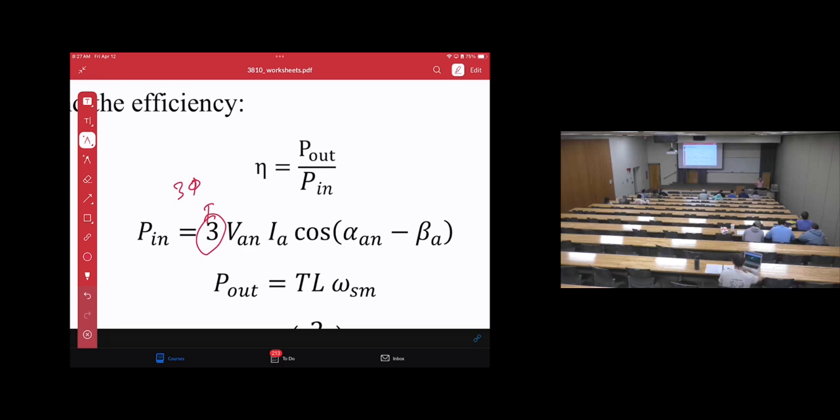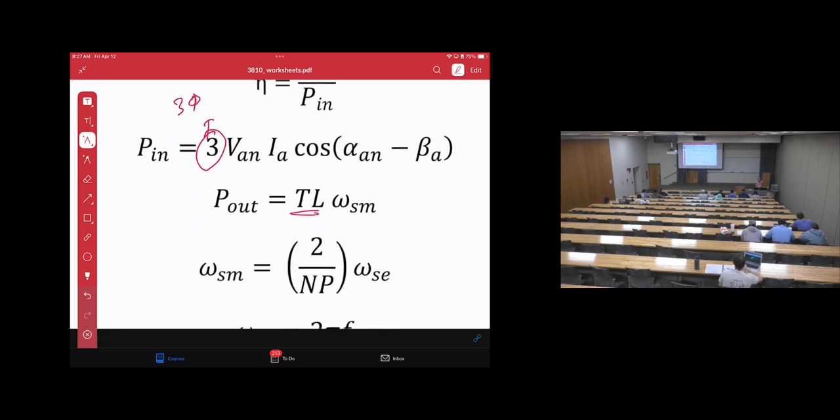Okay, how about P out? How to calculate P out? It is T sub L. It should be T sub L. It's not T times L, T sub L. Then omega, omega S or omega R, whatever, such that omega is in radian per second, okay? Then how to calculate omega R or omega S?